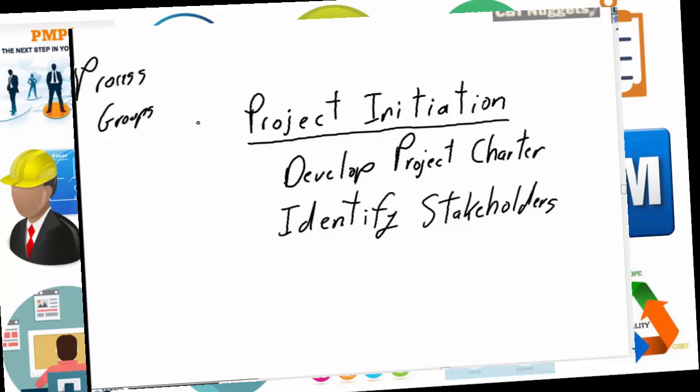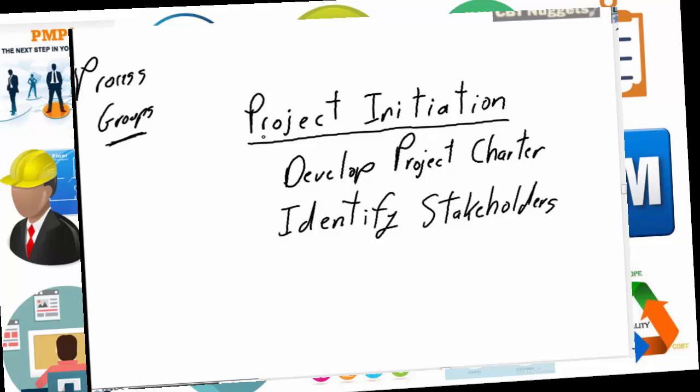This is what we do. The knowledge areas are what we do. We do scope, we do time, we do cost, we do quality, etc., etc. Management. The process groups put the information contained within those knowledge areas into play.